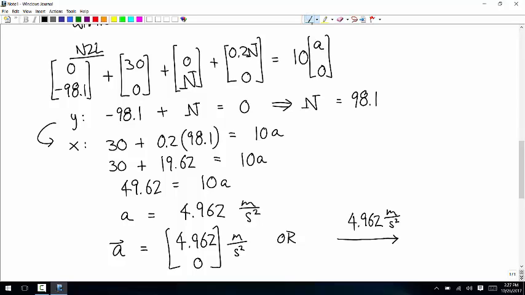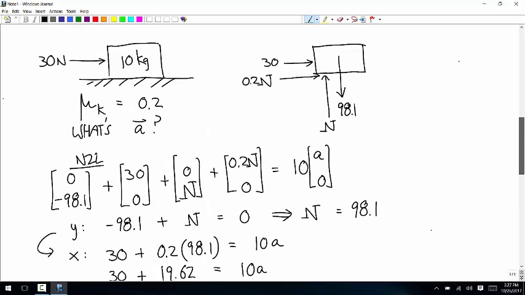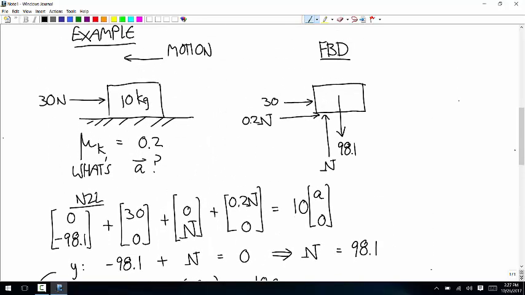So is this object speeding up or slowing down? Slowing down, because the direction of motion is to the left and the acceleration is to the right.